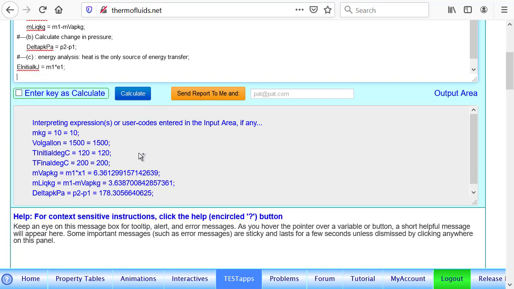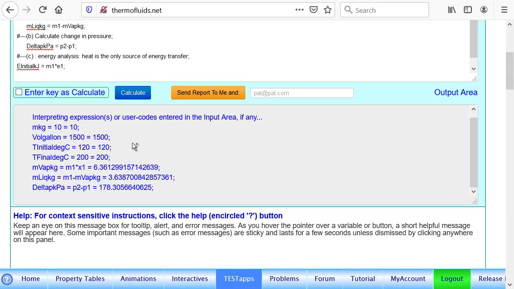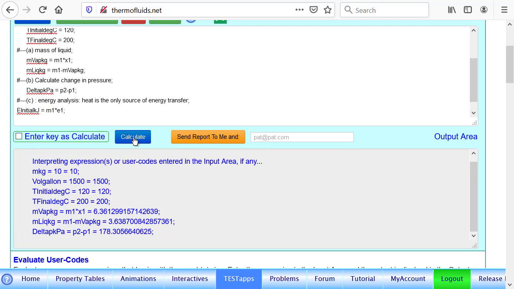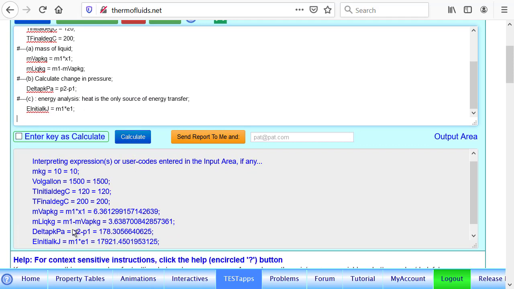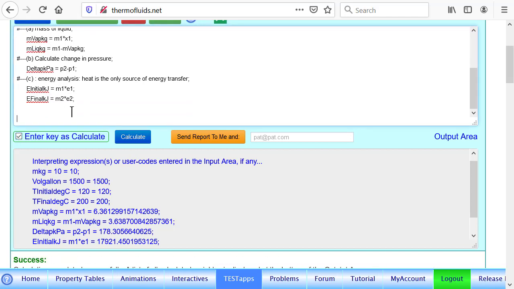So we multiply that by mass, and therefore we get the total initial stored energy. What is the final stored energy? We're almost done in a couple of seconds here. E2, right? Of course, M1 and M2 are equal. By the way, you can click this, then enter will work as calculate.